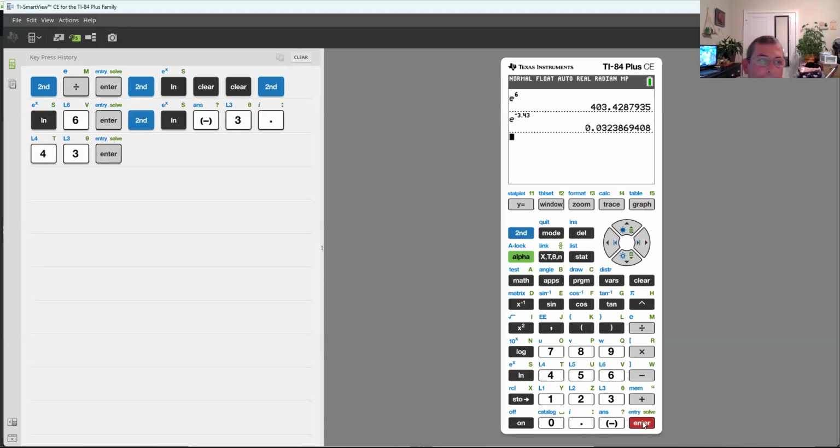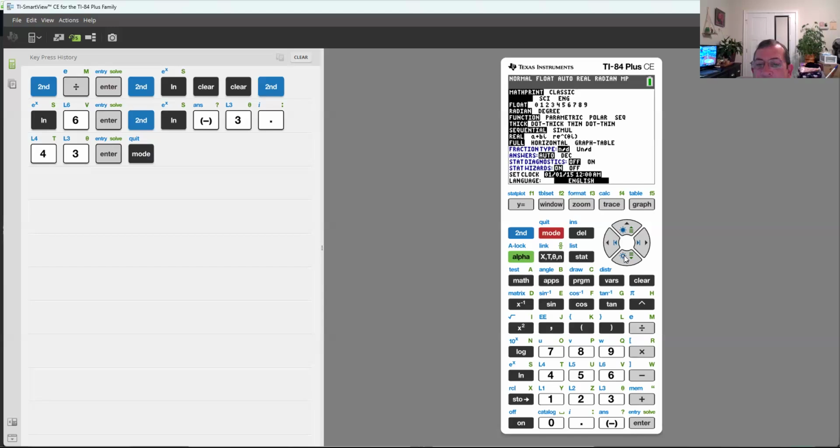Now I'm going to show you a trick. If you're sort of weak at rounding off to 4 decimal places, see the mode button at the top by the blue button? Watch what I'm going to do. I'm going to hit mode. Down here where it says float, that means our calculator is giving us whatever amount of decimal places it wants to. But since we're rounding to 4 decimal places, I'm going to go to the right, highlight 4, and hit enter.